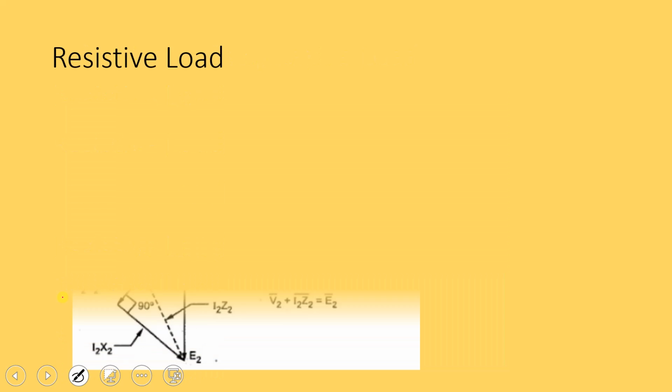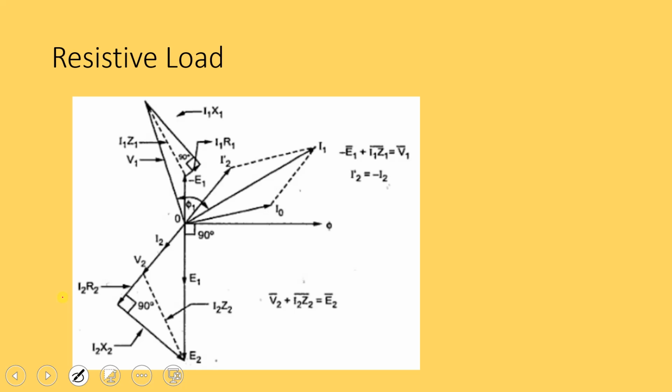Then in resistive load we are having the current in phase with the voltage. So V2 and I2 are in phase with each other, and this is I2 dash in the opposite direction, and we complete I1 by completing the parallelogram.